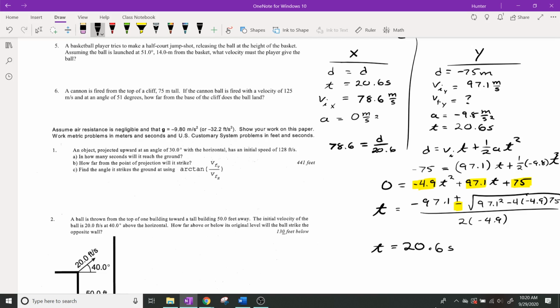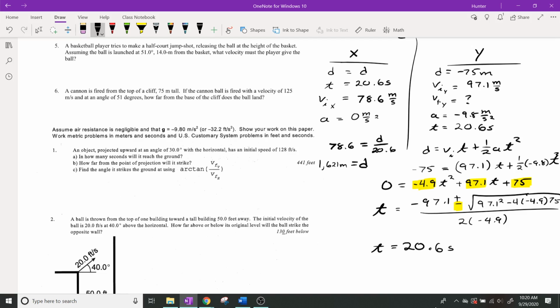Okay? And that comes out to be a horizontal range of 1,621 meters.